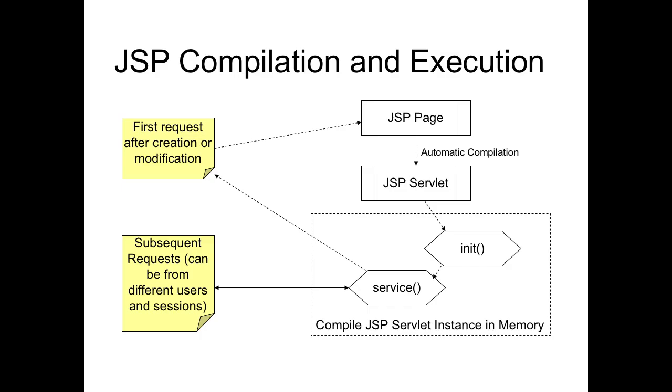An init method is called on the servlet. The service is invoked, and then subsequently you get much faster response. So initial visitation causes compilation, and sometimes if there's an error, the error output will look very cryptic to the customer.